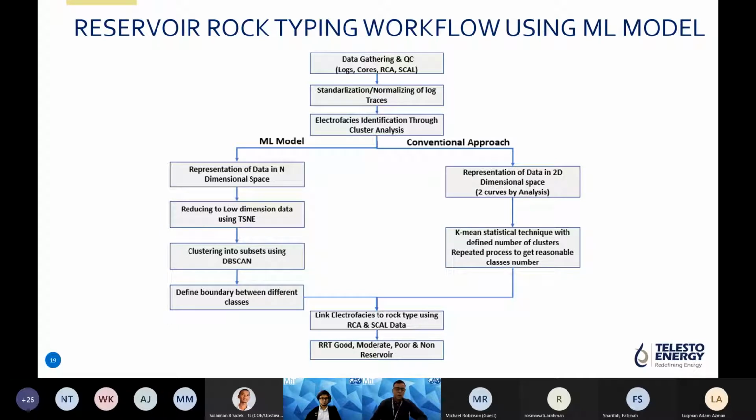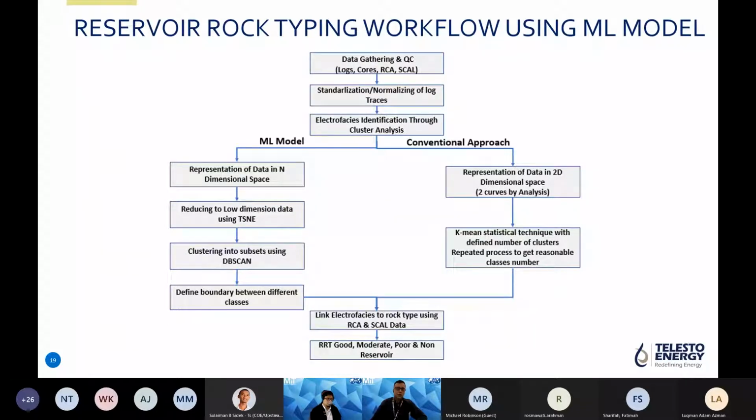In the machine learning model that we have used, we can represent the data in n-dimensional space. When I say n-dimensional space, it means you can take more than 2, 3, 4, 5 logs as inputs and still represent them. Then once we represent that, we use t-SNE to reduce the dimension, because you need to bring it to a lower dimension to plot and analyze.